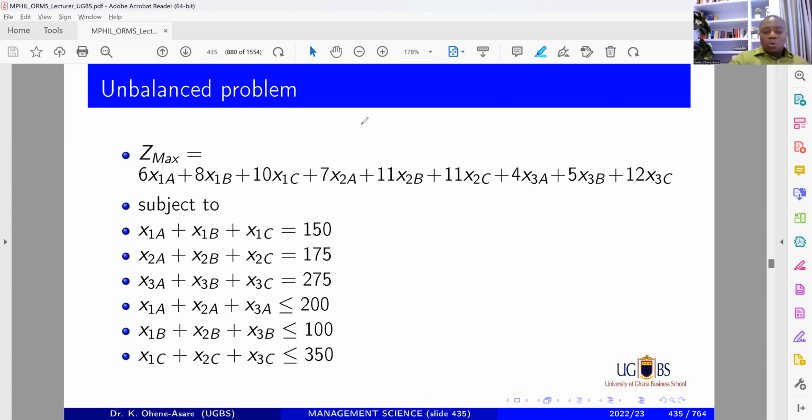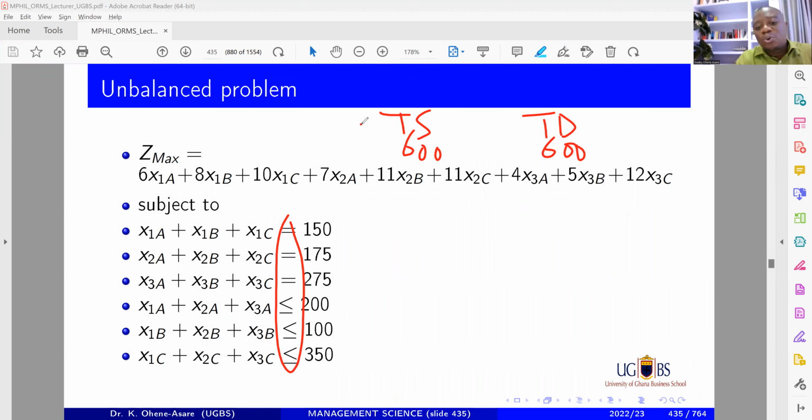Sure. So TS is total supply, and TD is total demand. Already we know that they were all 600. So here was 600, and then here was 600. And so all of these became equal to. Now, we have a situation where this one is still 600, but this one, the total is 650.